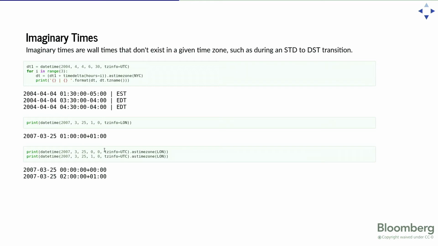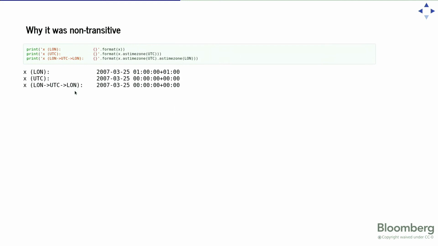But you're guaranteed that if you convert from UTC or from another absolute time, you will get a datetime that exists. So you can see here, if I translate it from UTC into London, I can't create that time that way. So why was this non-transitive?